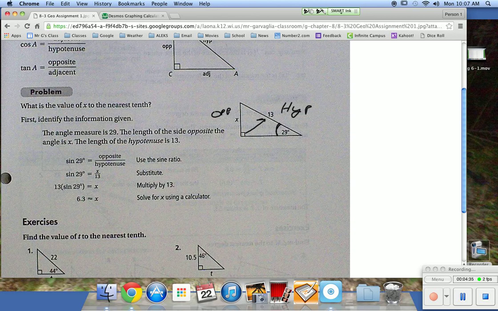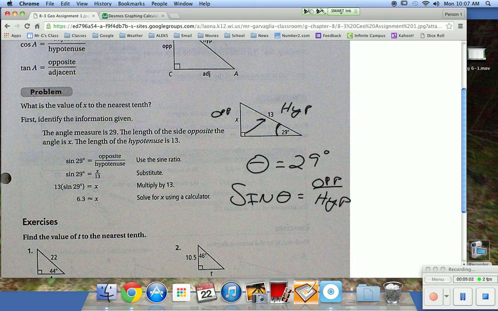And my theta, notice they have sine of theta here. Theta is always the degrees we're talking about. So they're talking sine of theta equals opposite over hypotenuse.